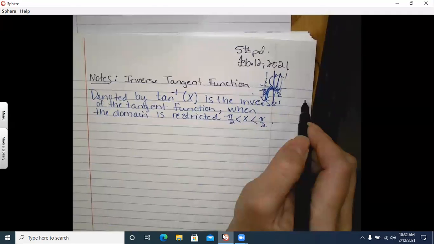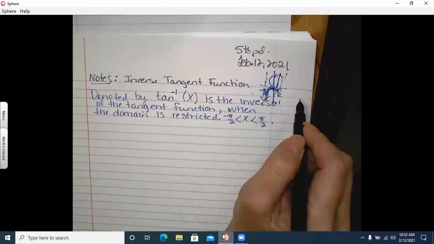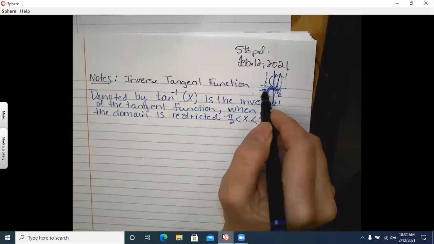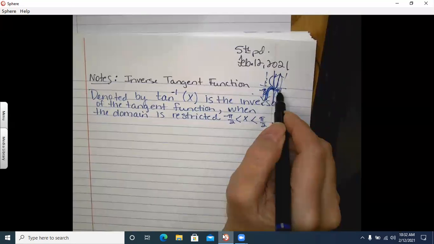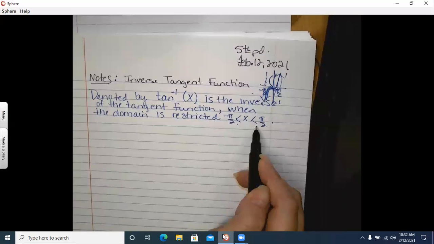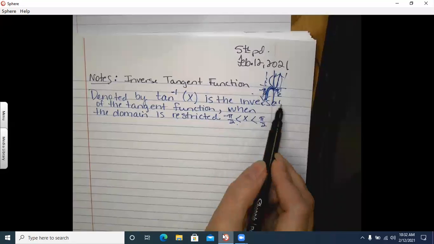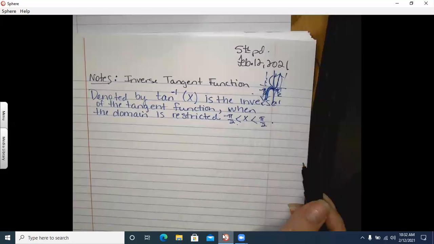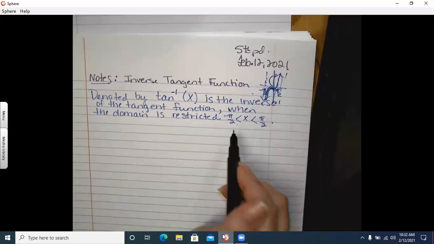So if we want to find the inverse, we have to restrict the domain. And so we're just restricting it to -pi/2, +pi/2. Notice I did not include -pi/2 and +pi/2 because at those values of x, it's undefined. That's where the asymptotes are. So that's why we didn't put the little x's under there.